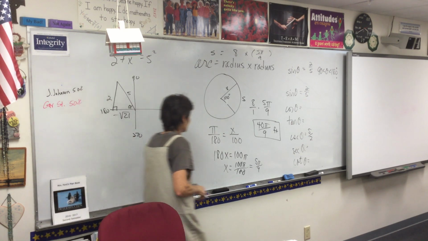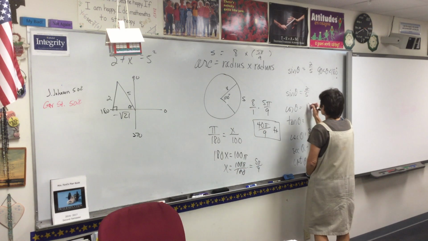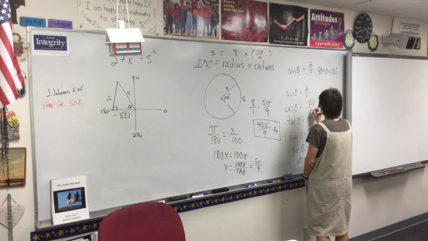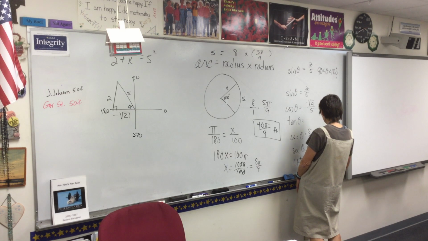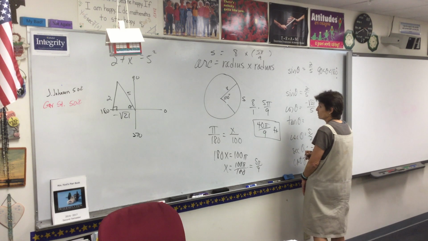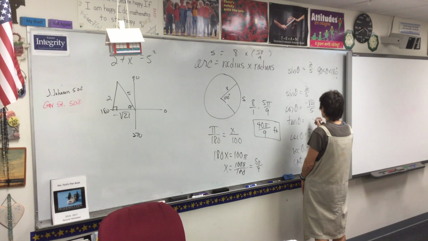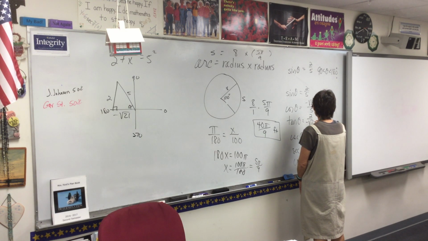So here we go. What's the cosine? Negative root 21 over 5, which makes the secant negative 5 over root 21. What's the tangent? 2 over negative root 21.